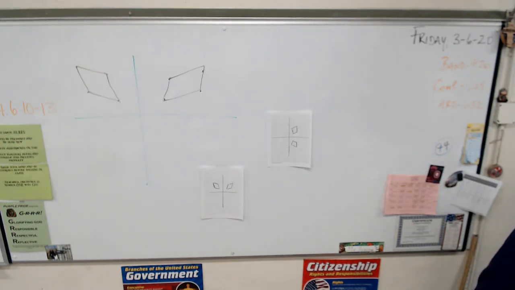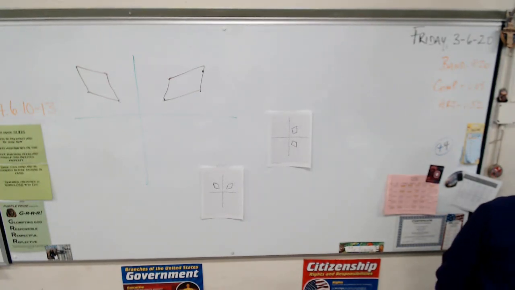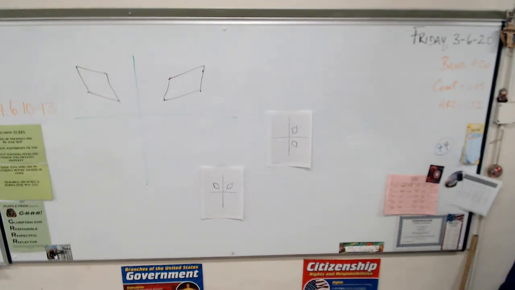Number 4, is it a reflection? Yes. Yes. Number 5, reflection. No. No. Close. Could fool you at first. Gotta look at his eye. Yeah. Number 6, how many lines of symmetry? 1.